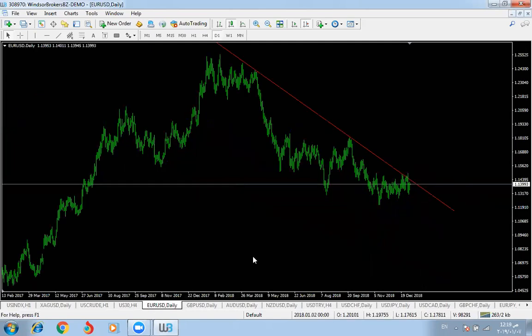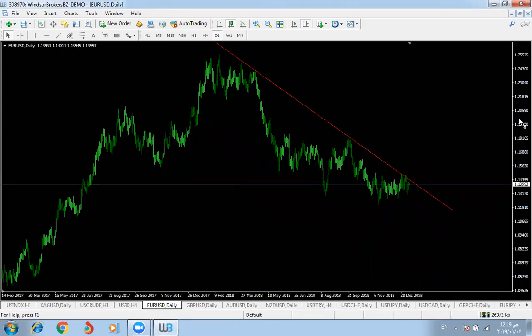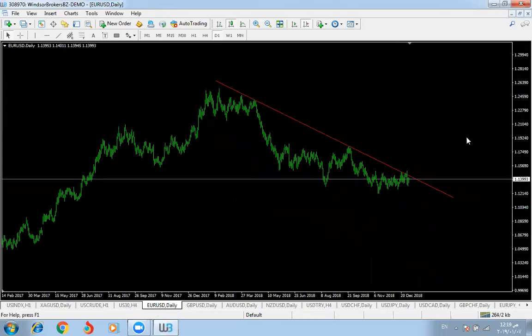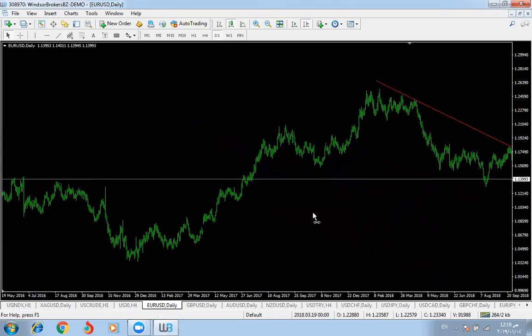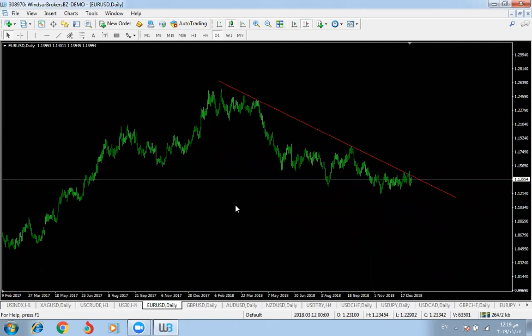Let me move to the euro. The euro is the reverse of the dollar index. So we are bearish for the dollar index. The same pattern, but in reverse direction for the euro against the dollar.